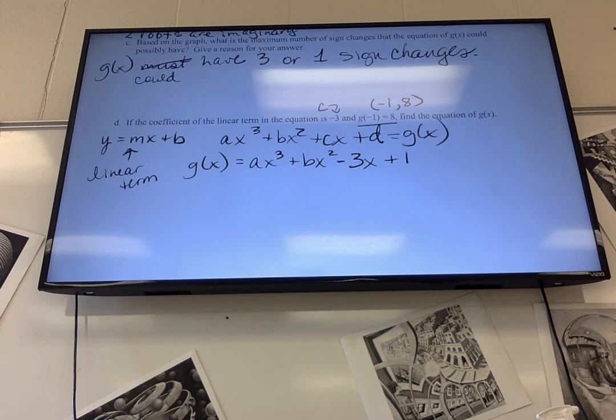And then I know the point (negative 1, 8), so that's your x and y.